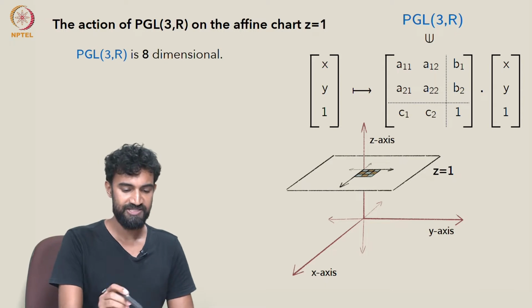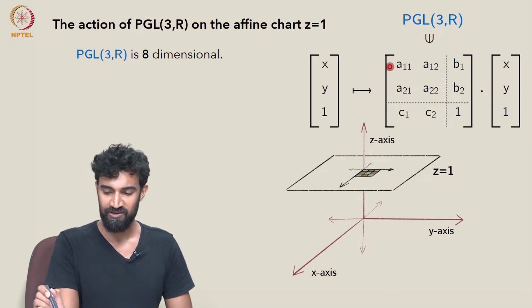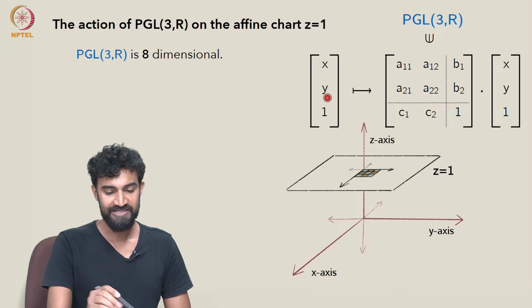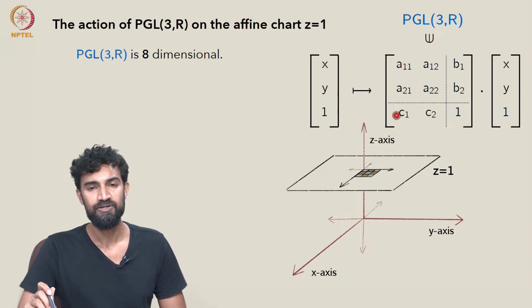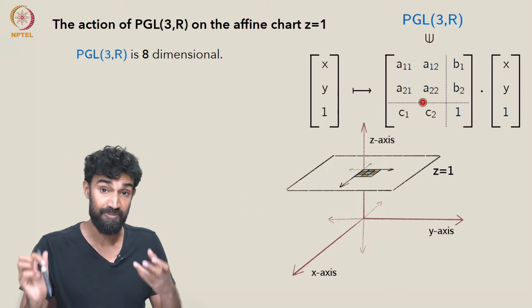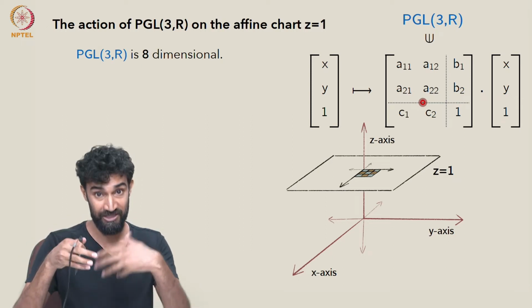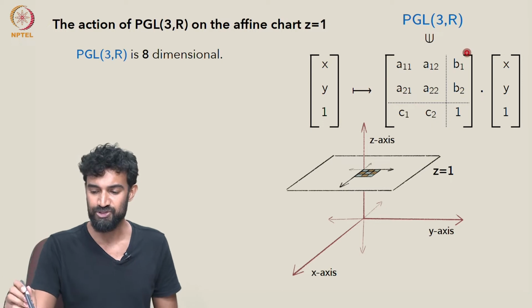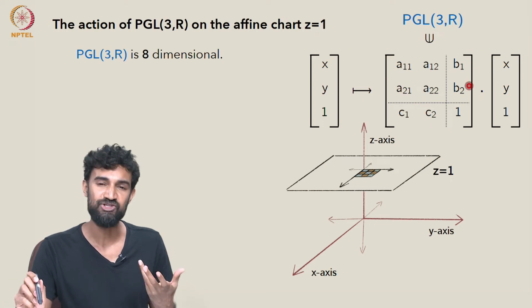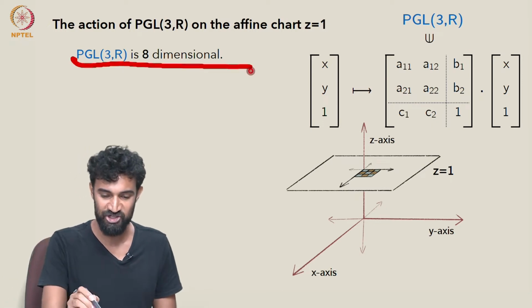Now, notice that PGL3R, this matrix group, is 8-dimensional. So we built PGL3R by equating all scalar multiples of a given matrix in GL3R. So GL3R was 9-dimensional, but we lost a dimension when we went to PGL3R.